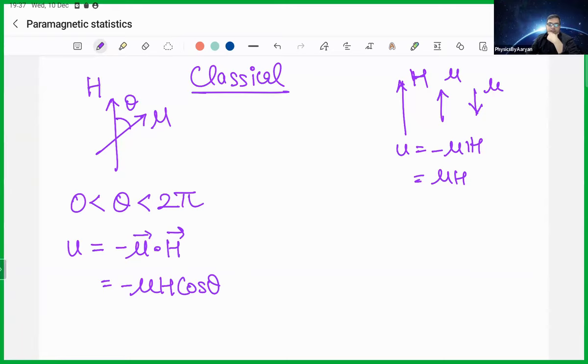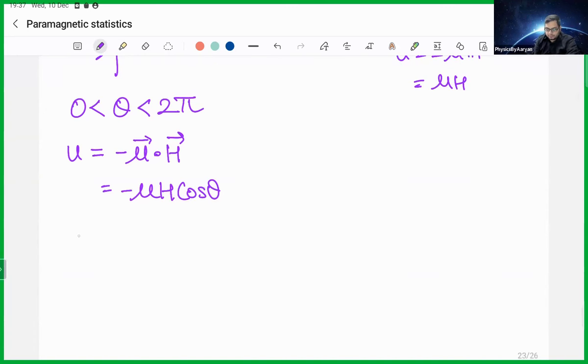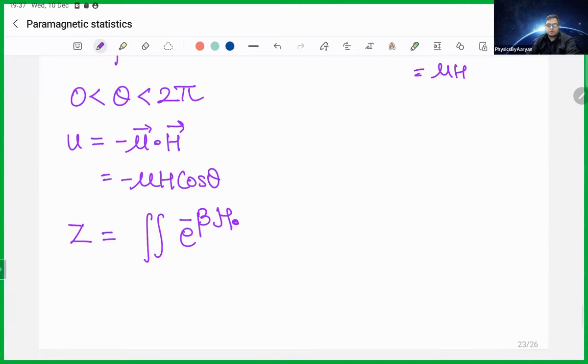So when we have a continuous energy system, how do we write the partition function? We write the partition function something like this: integration of e to the power minus beta H, the Hamiltonian, or energy. H here is the Hamiltonian, don't get confused.